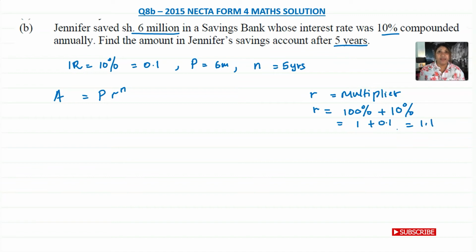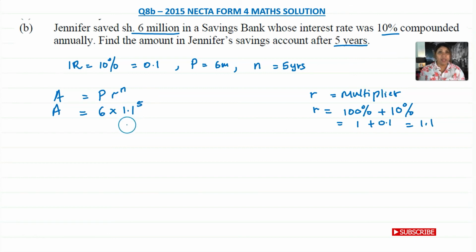And n is how many years she's going to keep that money in the bank account, which is 5 years in this case. So let's go ahead and do that calculation. Amount after 5 years: the principal amount is 6 million times our multiplier 1.1, to the power n, the number of complete years, so it's 5.